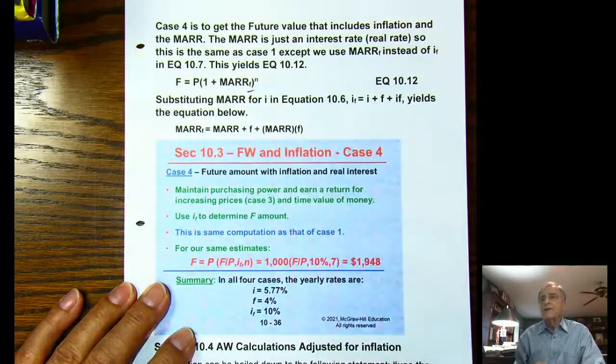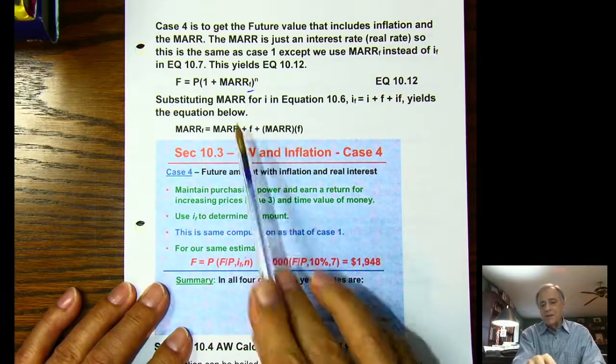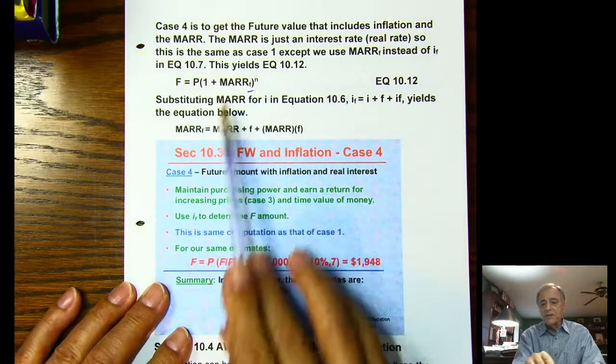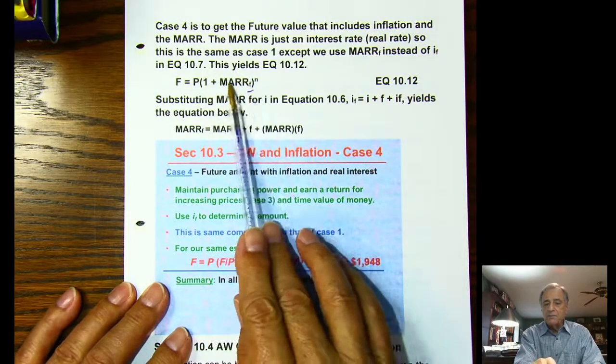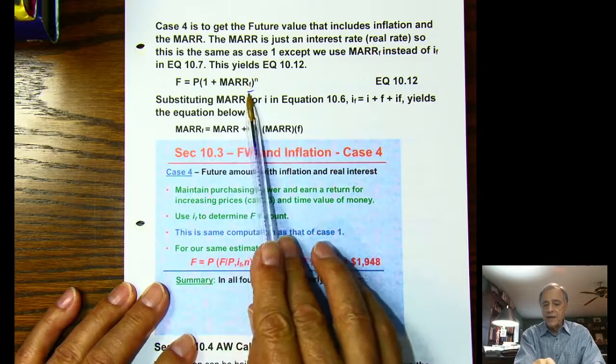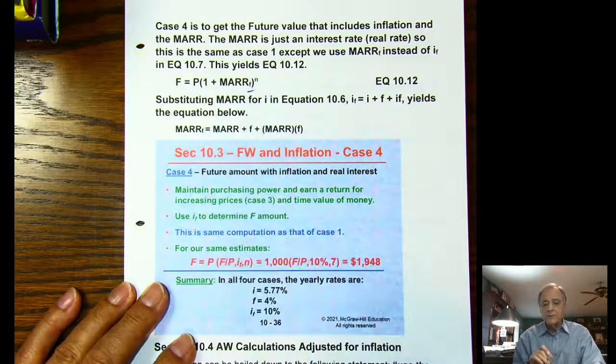MARR sub f is the market MARR. Remember, if it's i sub f, it's the market rate. Well, MARR is a rate. It's a minimum attractive rate of return. And if you include inflation in that, then it's MARR sub f. And you would raise that to the n power to get the future value.